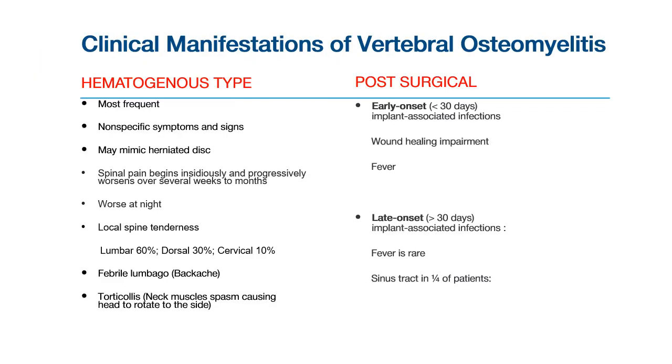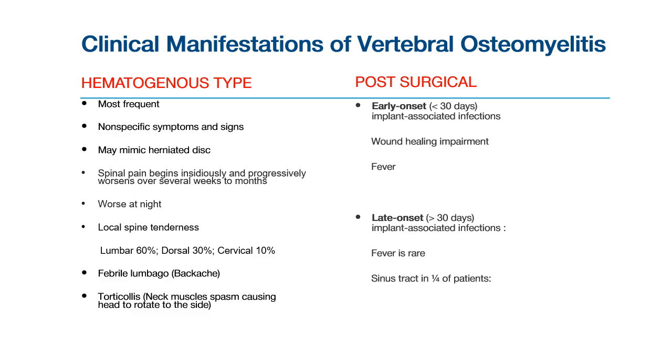Vertebral osteomyelitis may be classified as hematogenous, which is the most frequent type, post-surgical early onset, and post-surgical late onset. Each type has different presentations and characteristics.